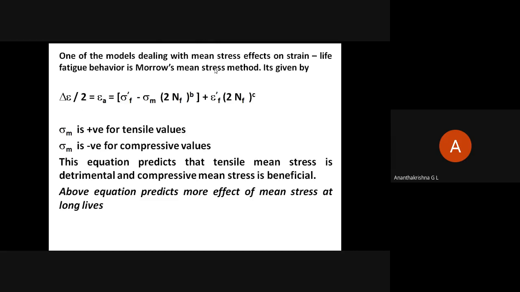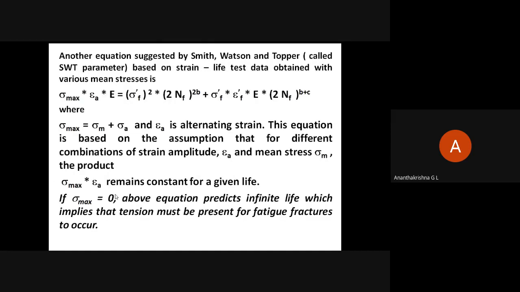So this is what you need to write about the effect of mean stress on strain based life at longer life. Is that okay? And you have to talk about the SWT parameter as well, that is the Smith, Watson and Topper parameter. So we need to talk about up to that.